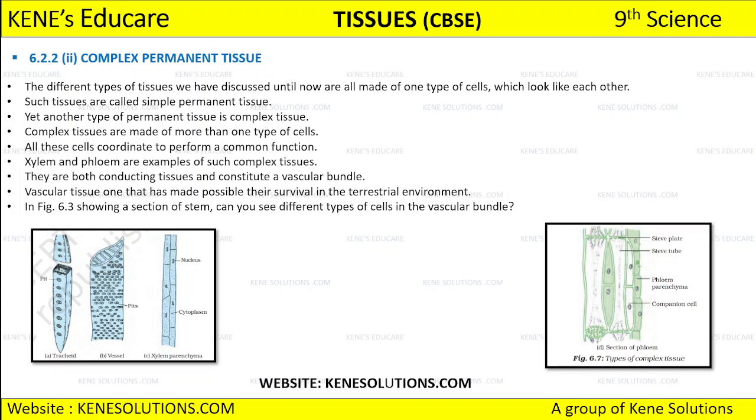Then in phloem we have sieve tube, sieve plate, phloem parenchyma, and along with phloem parenchyma we have companion cells which are present. So these are the different types of complex tissue that we have in phloem.